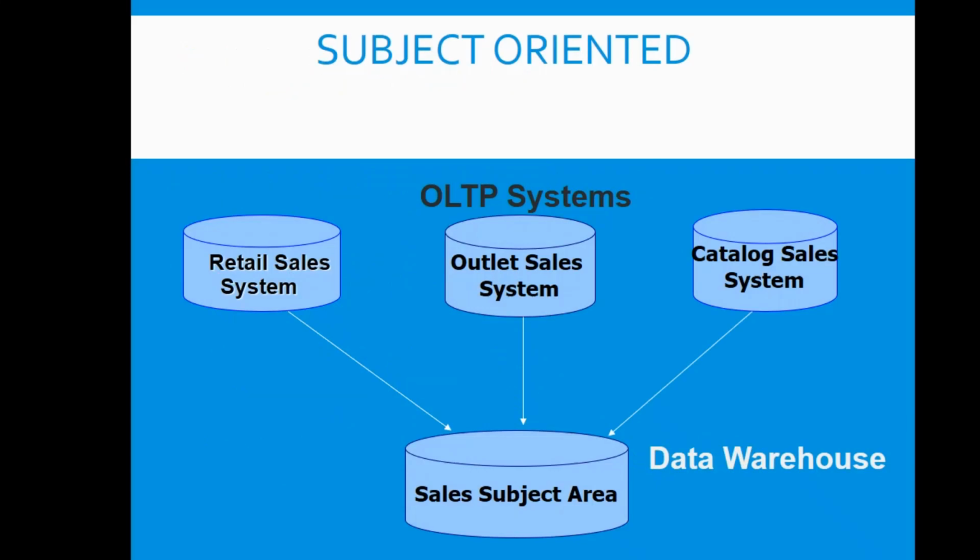These are nothing but OLTP systems, the daily data which is fed into systems and collected over a period of time. Catalog sales systems, outlet systems, retail, all these data are fed into a particular sales subject area, which is our subject oriented sales information, and this is nothing but a data warehouse. So the data warehouse here is subject oriented. Why? What is the subject here? Sales.